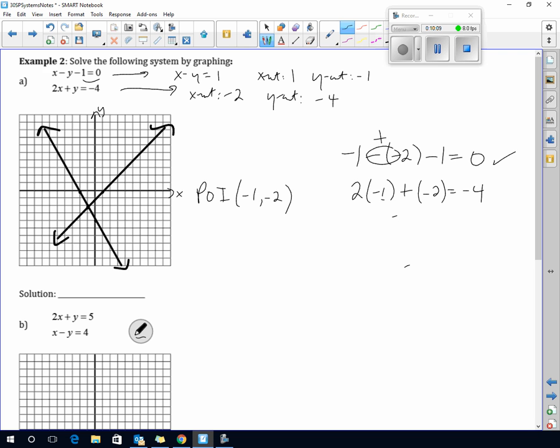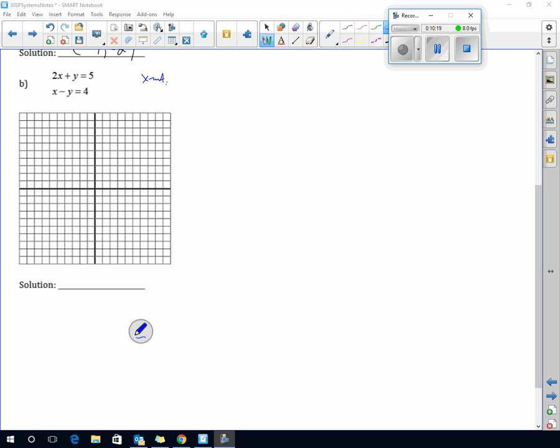X-intercept is 5/2 or 2.5, and your y-intercept is 5. So 2.5 and, oop, I'm a little off there. And 5, 1, 2, 3, 4, 5. And then we're going to connect the dots. Now, of course, not everything works out so nicely.